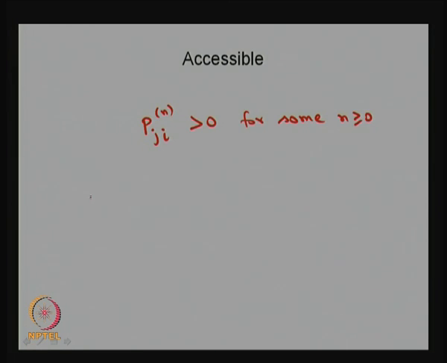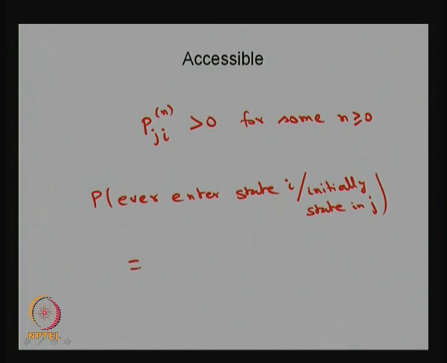Using this, we can write down the probability of ever entering state i, given that initially the system is in the state j.